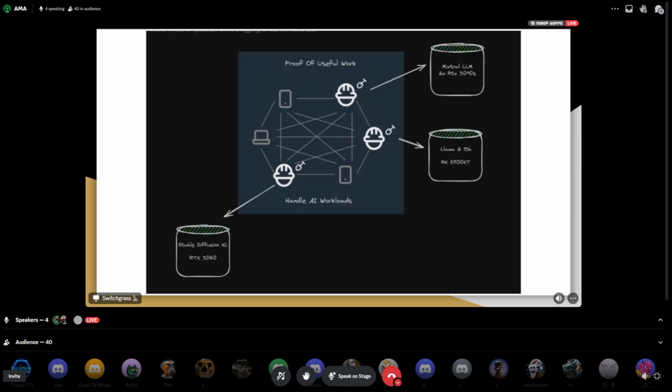But if they have smaller graphics cards like the RTX 3060, they can still run image generation models like Stable Diffusion. So it's a small change where we're swapping the PoW algorithm with AI workloads, but it has big implications and will be quite valuable to the open source and AI community.